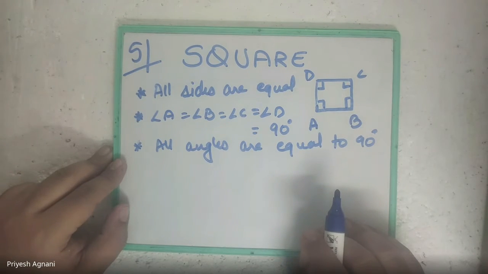All angles are equal to 90 degree. Please write it down. I want everyone to write it down.